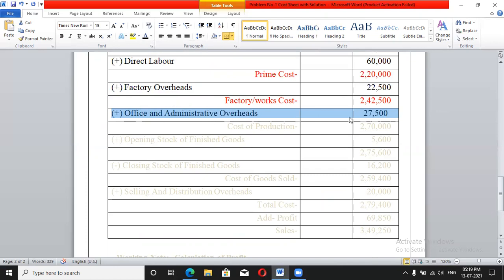So it should be added to factory cost. After adding this 27,500, we get the amount of cost of production.